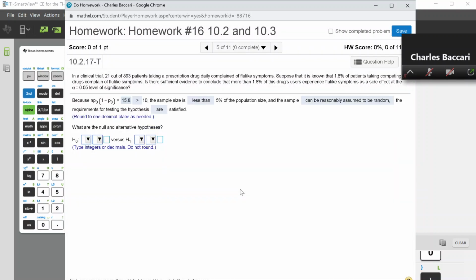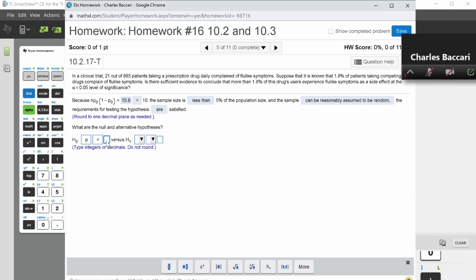Okay, next. What are the null and alternative hypotheses? We are looking at a proportion because we've got 21 out of 893. This would be equals. And the proportion I'm assuming they're using is the 21 out of 893. So 21 out of 893 is 0.02.